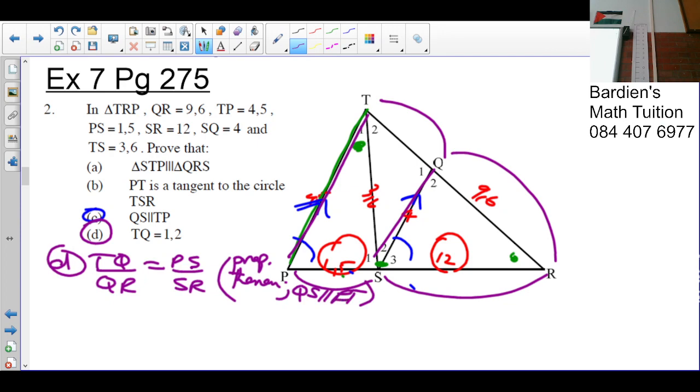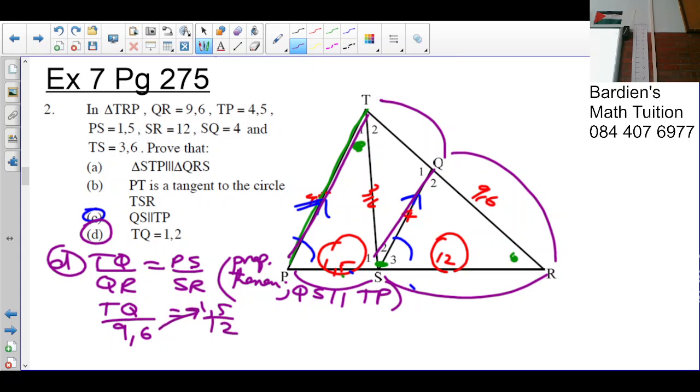Okay, this is the most important thing to say. The really bad handwriting, the board is now messing us up further. So TQ is what we're calculating over QR, 9.6, equals PS, which is 1.5, over SR, which is 12.